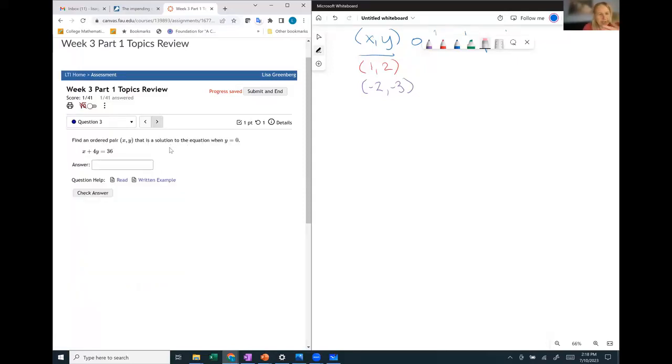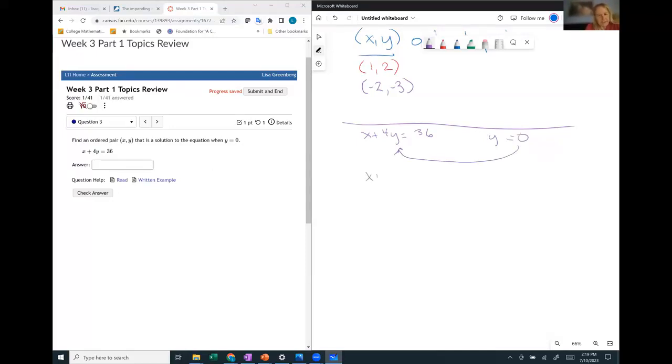Now, sometimes I know people get confused about this. It says find an ordered pair x comma y that is the solution to the equation when y equals 0. So if I have x plus 4y equals 36 and y equals 0, I plug this in for y.